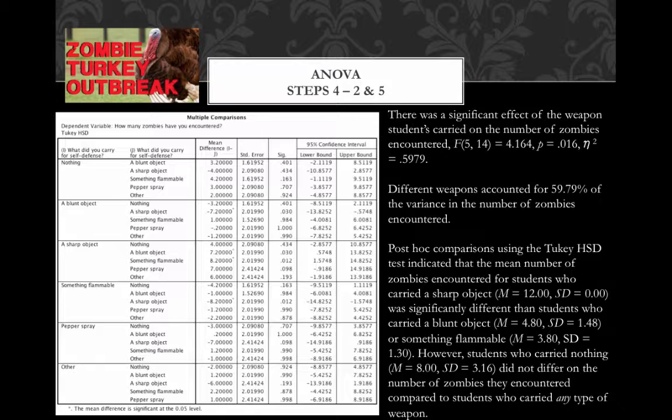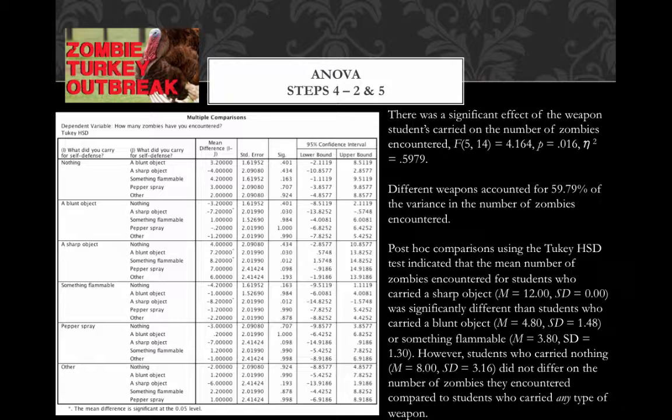Different weapons accounted for 59.79% of the variance in the number of zombies encountered. Sound familiar to the way we interpret coefficient of determination and alienation? This is based upon our eta squared.